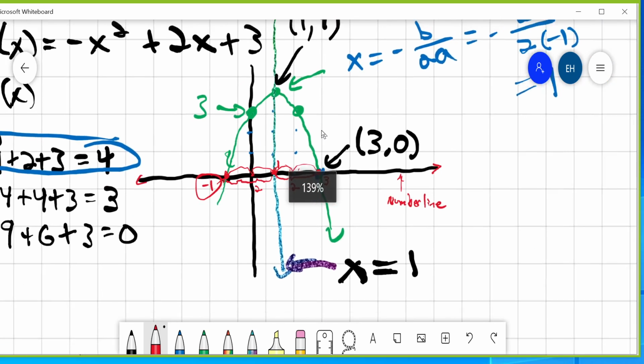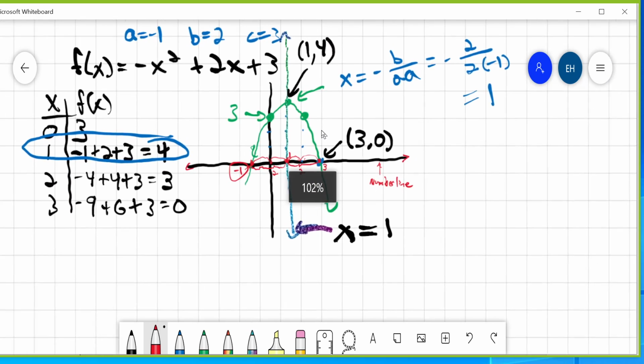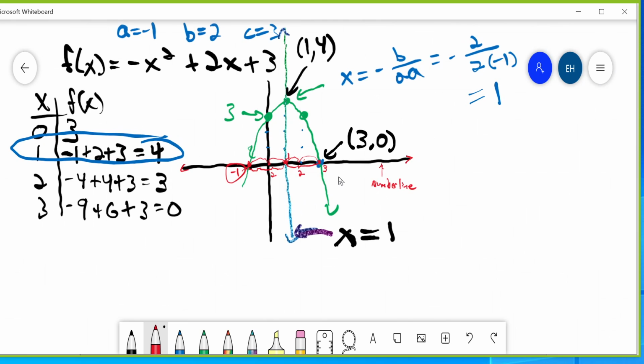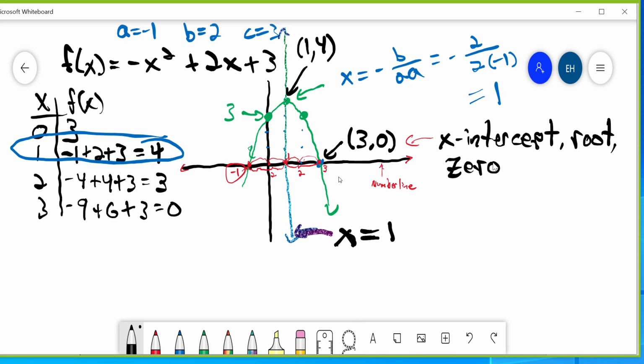We're going to call these guys, that 3, 0, an x-intercept, which you're used to. We're also going to call it a root. We're going to call it a zero, which you're familiar with now from the graphing calculator.